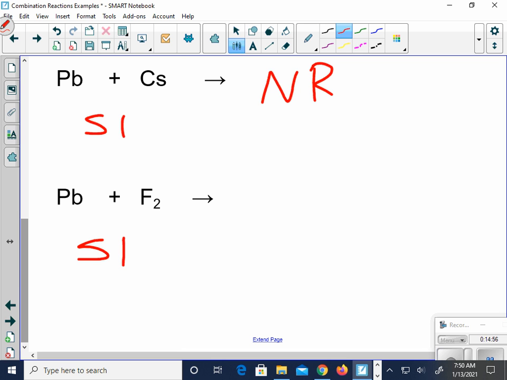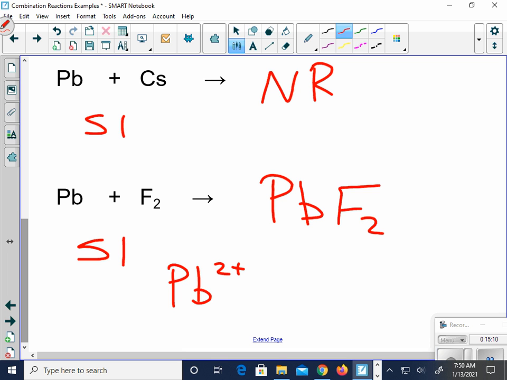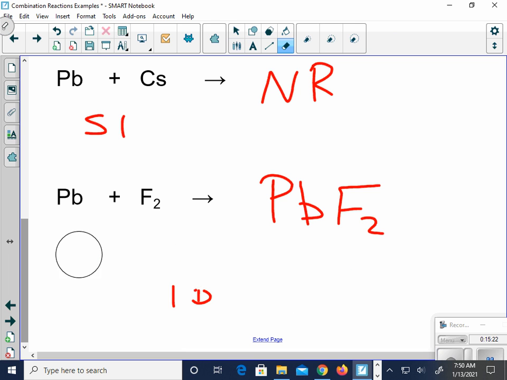So I could write PbF2. Okay? Remember that Pb is a 2 plus, F is a 1 minus. So I need 2 of them. So I could write PbF2, and that would be a correct statement.